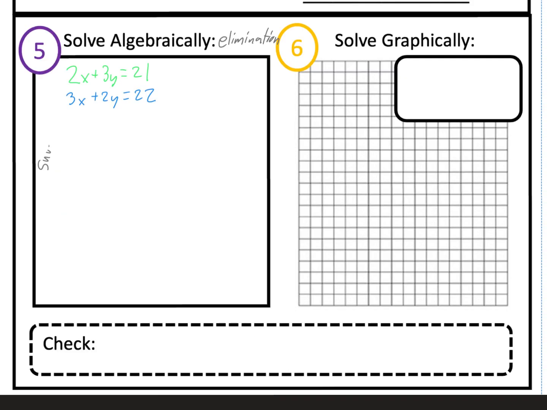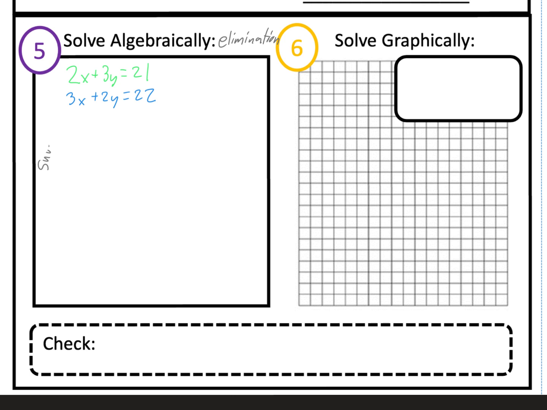Since both of our equations are in standard form, ax plus by equals c, that means that we can easily solve by elimination. To do so, we will need to make one of the coefficients for a variable on the first equation the opposite of the same variable's coefficient on the second equation.